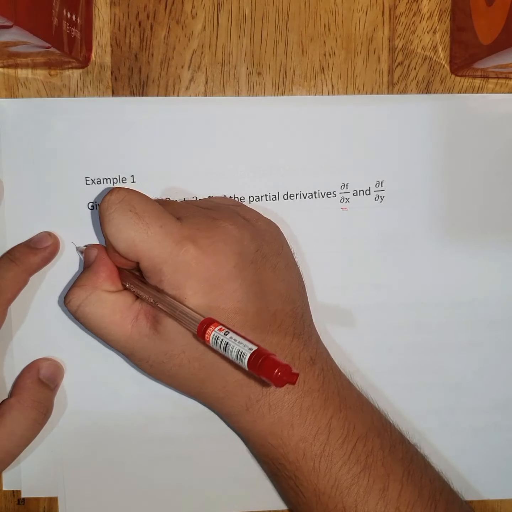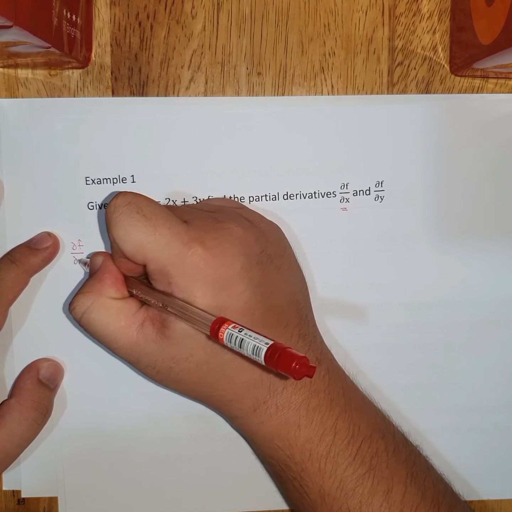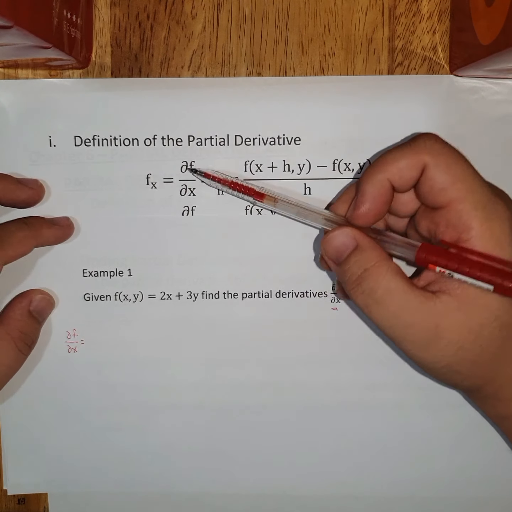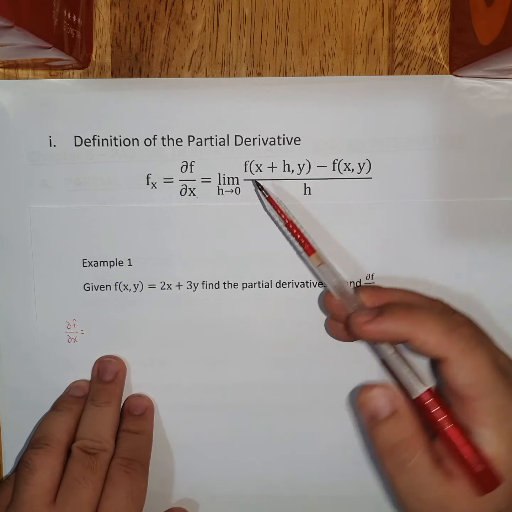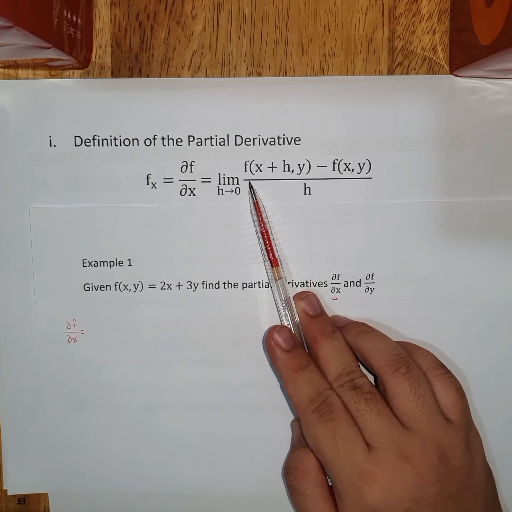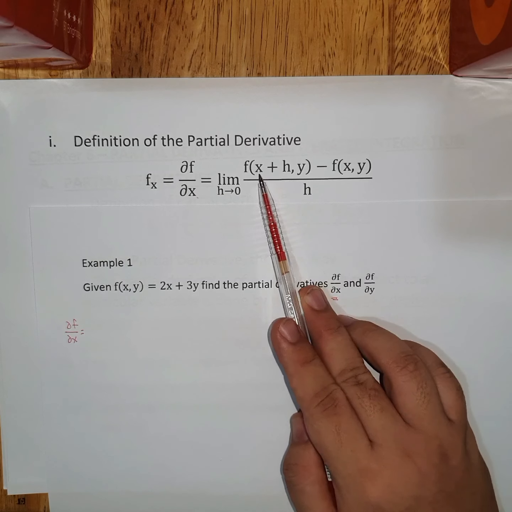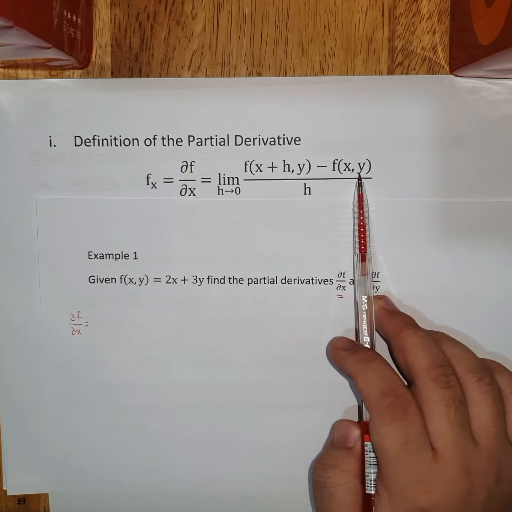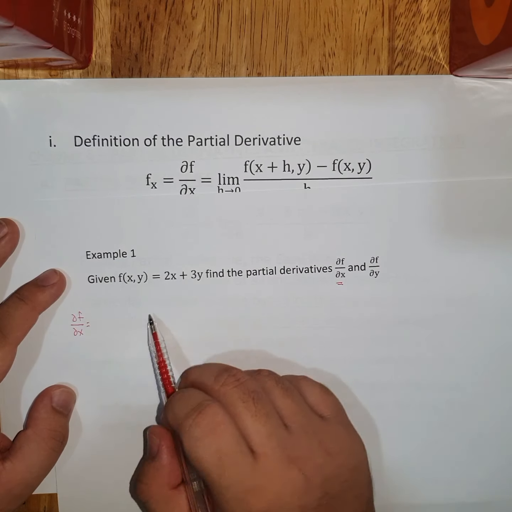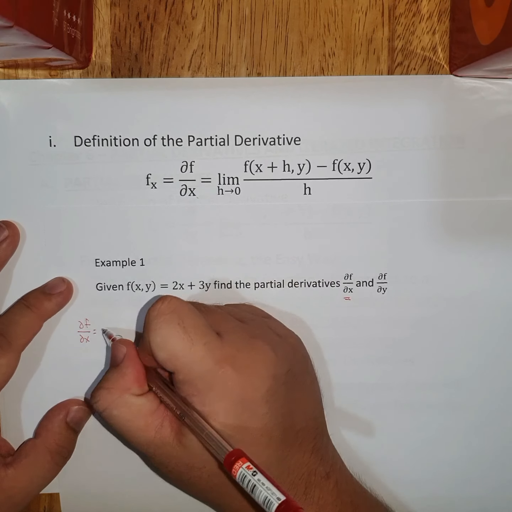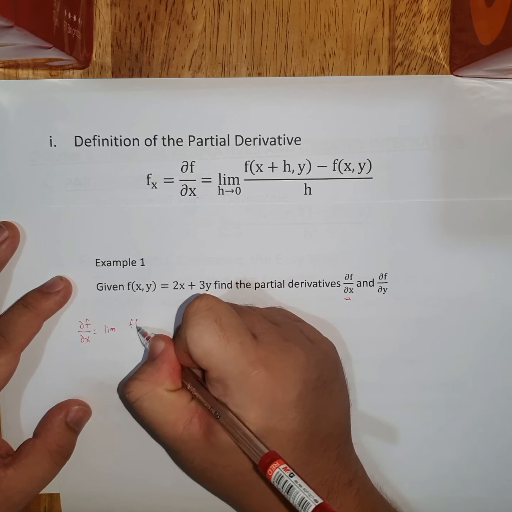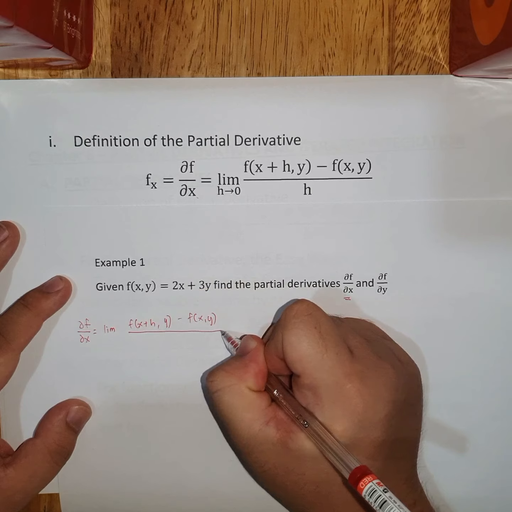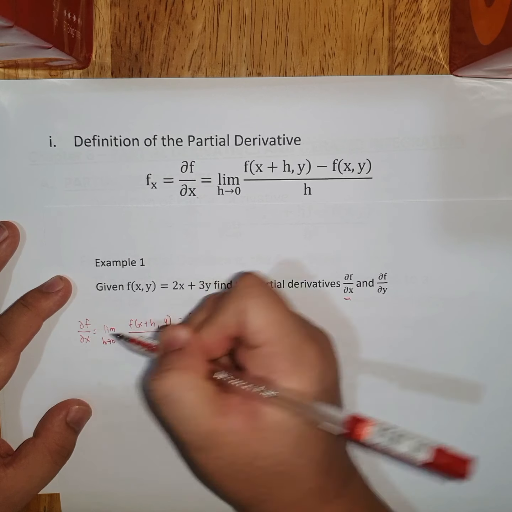So the partial derivative of the function with respect to x is equal to, according to our solution, the limit of the original function where every x variable gets plus h, minus the original function, all over h. So we write the limit of f of x plus h, y, minus f of x, y, all over h as h approaches 0.